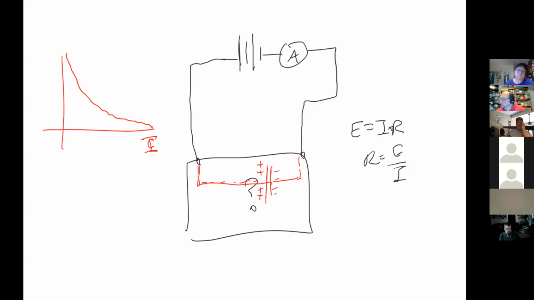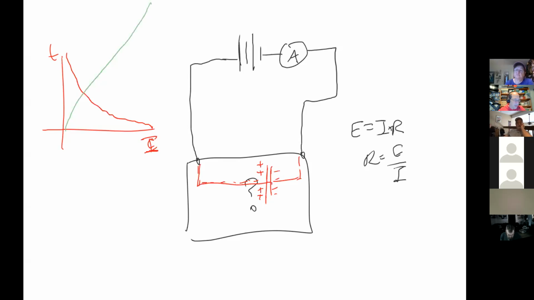We have our current versus time. It starts off very big. We go through our math and we plot our resistance. Resistance starts off at 0 and goes to infinity. This is the sign that there's a big capacitor in the circuit that you're testing.